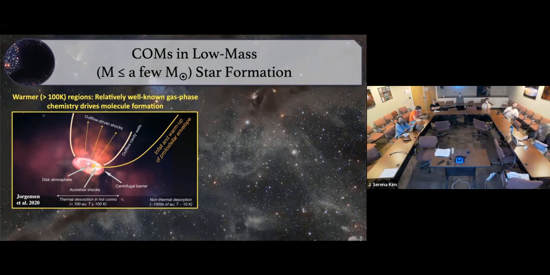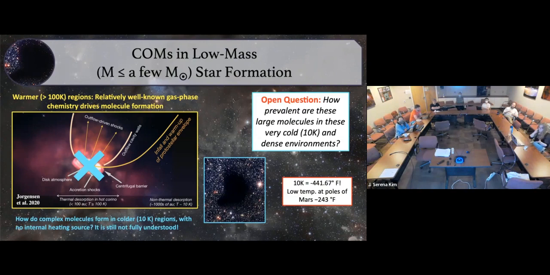Things happen in gas phase chemical reactions because you have material infalling and lots of stuff happening. But in these prestellar cores, which don't have internal radiation fields, it's still not completely understood how these molecules are forming at this really early stage.